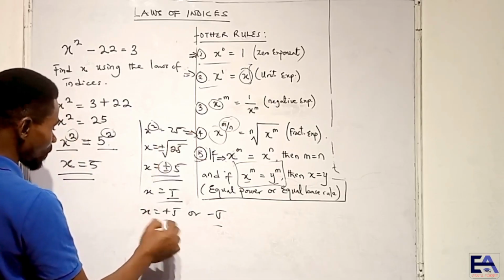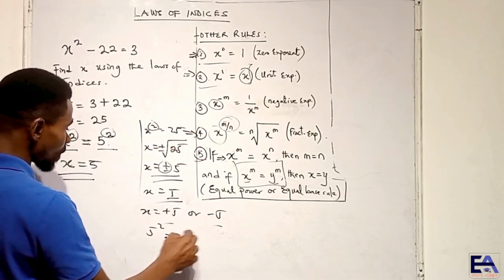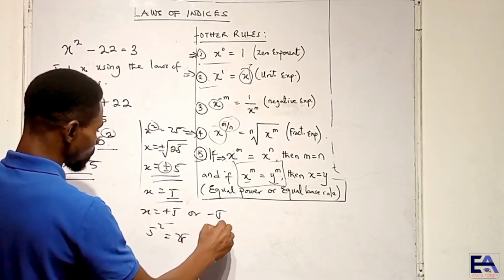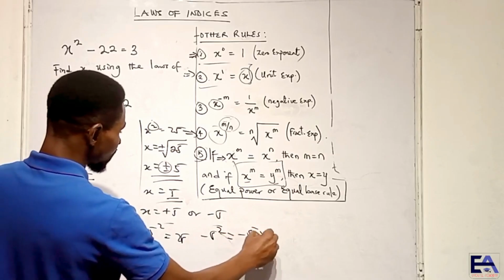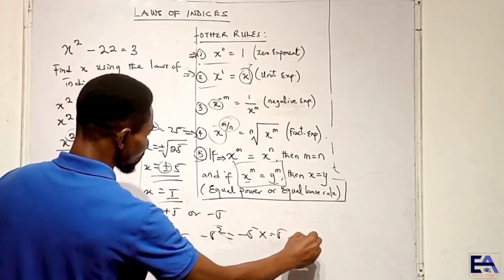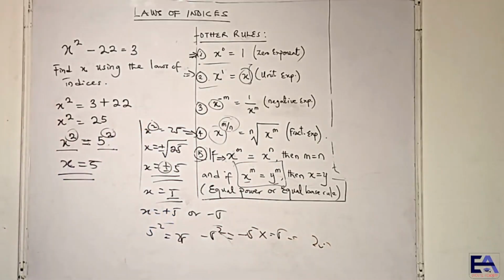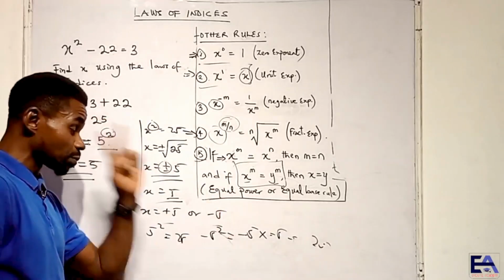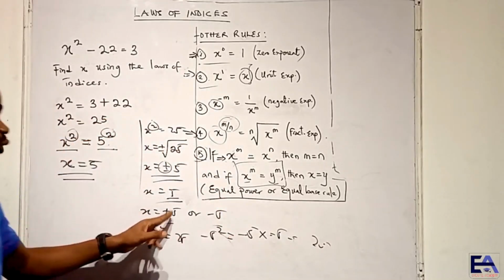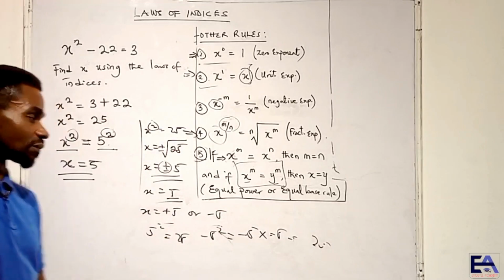Positive 5 raised to power 2 is 25. Negative 5 raised to power 2 is minus 5 times minus 5; minus times minus is plus, and 5 times 5 is 25. So it still gives you positive 25, which means the square root of positive 25 has two possible answers, positive 5 or negative 5, okay?